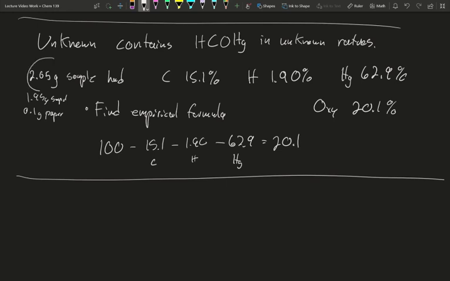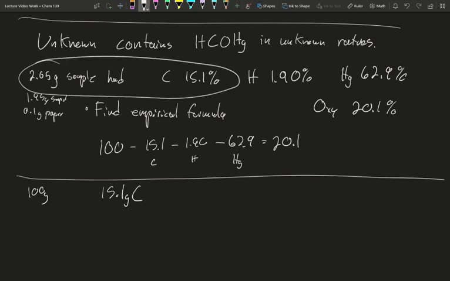I could take my 2.05 gram sample and find out what 15.1% of it is, but this actually isn't necessary. I don't need to know the actual weight of carbon in my sample to find the empirical formula. Whatever weight of sample, it's always going to be 15.1%, so I can just pretend 100 grams, because then my percentage is just my grams. 15.1 grams of carbon. It just saves me one calculation.